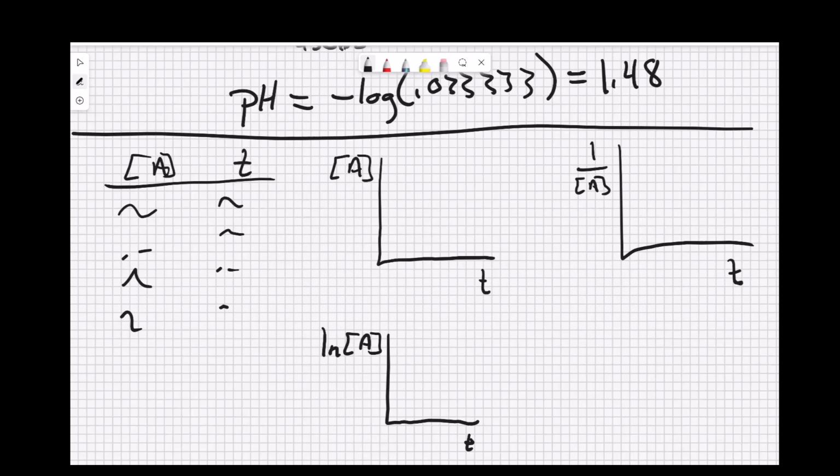The one that gives you the straight line represents the order of the reaction. So if it's natural log, this is first order. If it's just straight concentration versus time, this is 0th order. And if it is 1 over, then this is second order.